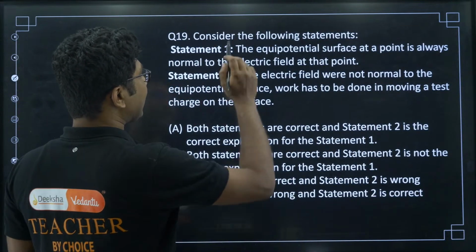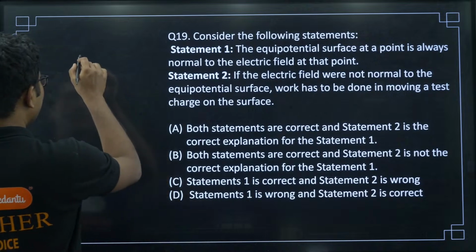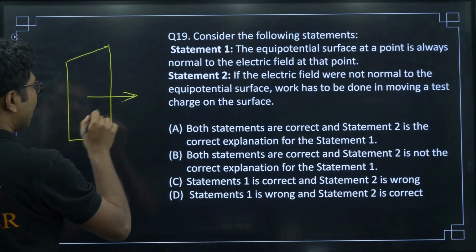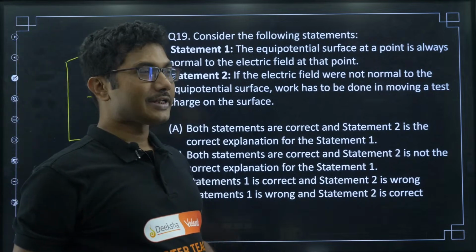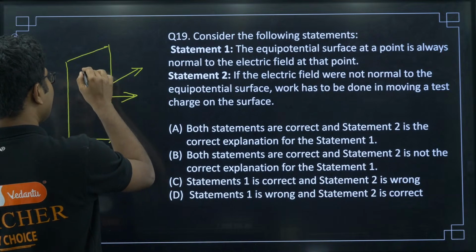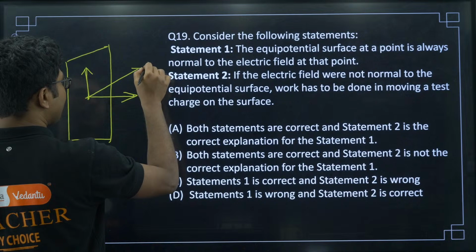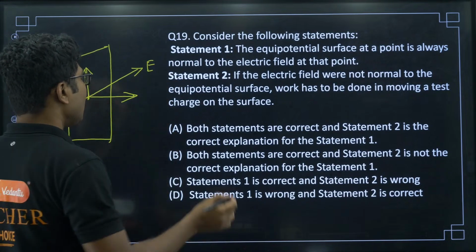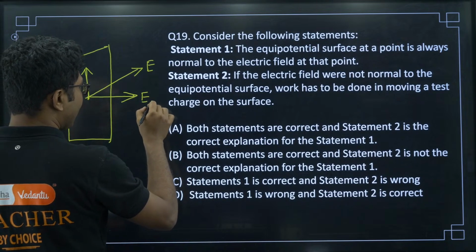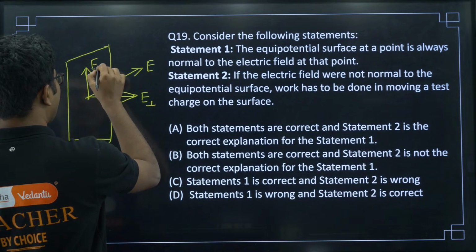Yes. So, both statements are correct. If this is an equipotential surface, the electric field will always be perpendicular to it. In case there was some component of the electric field along the surface, then there would be some component parallel to the surface. Suppose the electric field is not normal. Then there will be a component in the perpendicular direction and a component in the parallel direction.